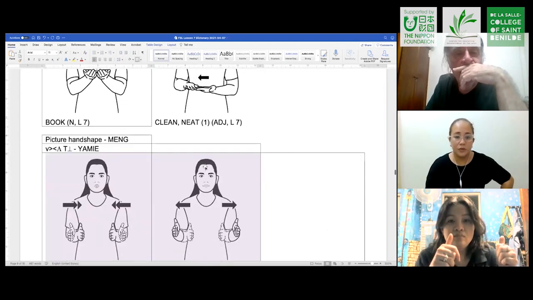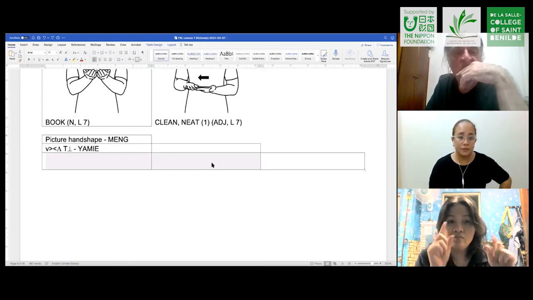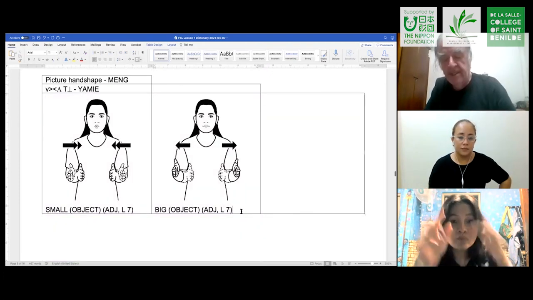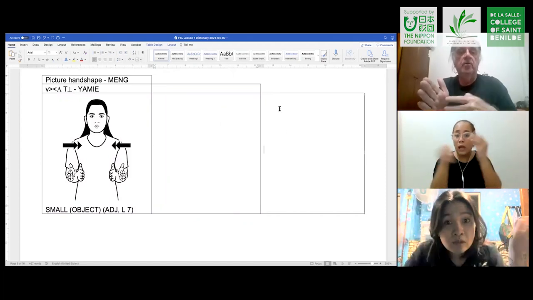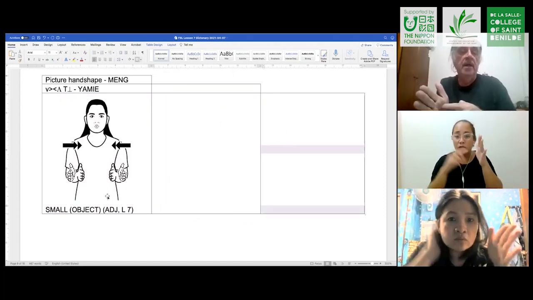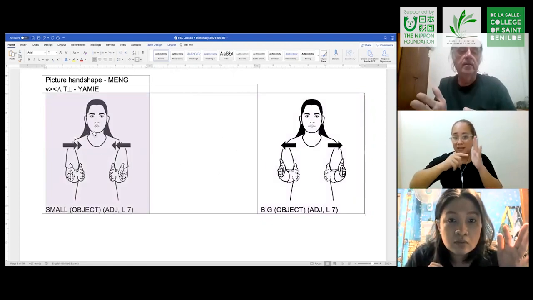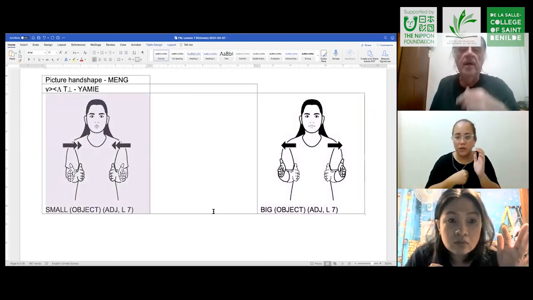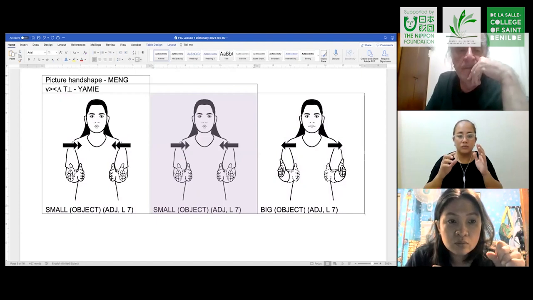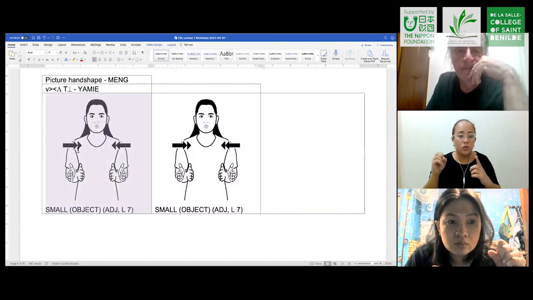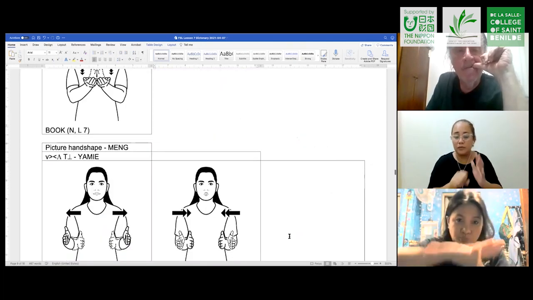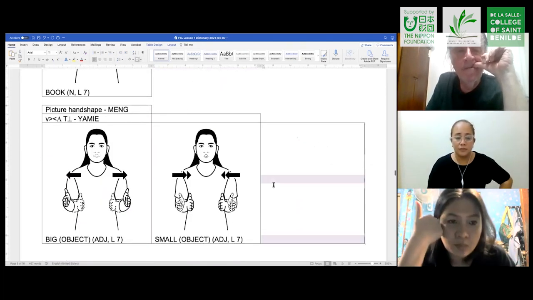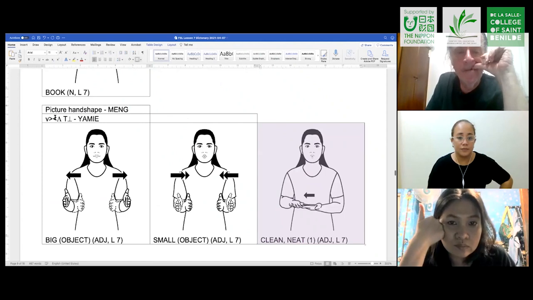Good. Okay. And just add the symbols for orientation. So to the right, you only need the palm. To the right, sorry, to the left, and then down on the last one. Yes.